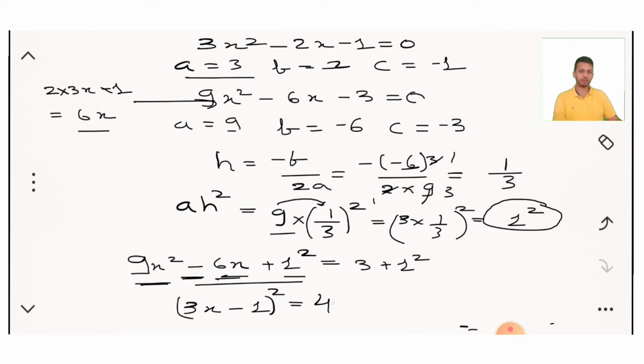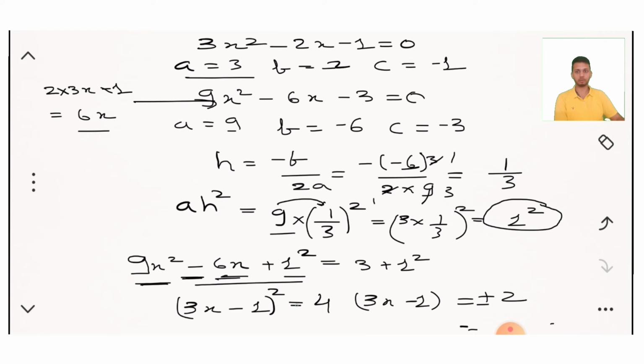Now we can see that it is a very simple process after this. How? 3x minus 1 will be equal to plus minus 2. Yes or no?